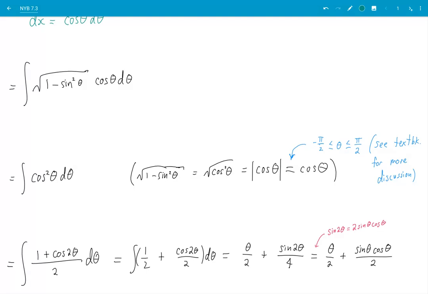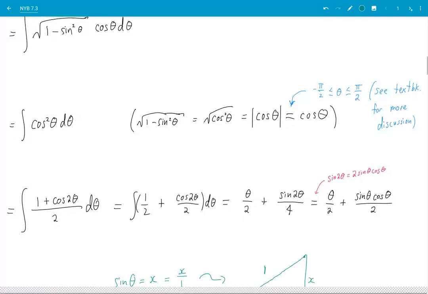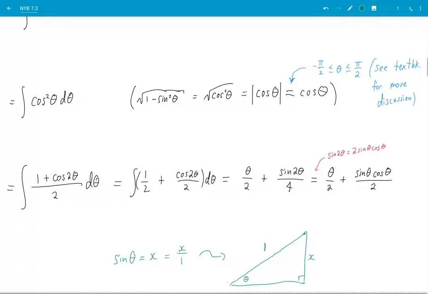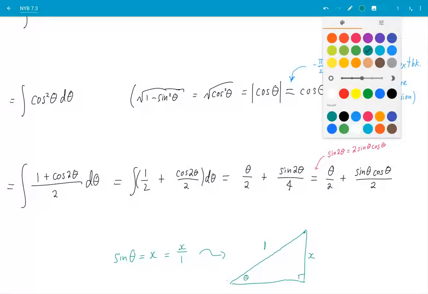Well, the original question was in terms of this variable up here, x, right? So I want my final answer to be in terms of x. Now this is a little bit tricky to switch back to x. So what I'm going to do is remember that x is equal to sine theta, and I'm going to get some mileage out of that. So pause and copy.